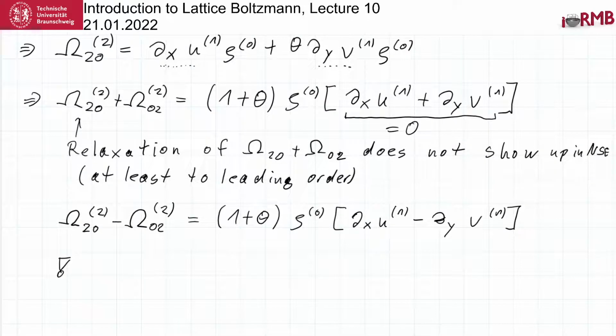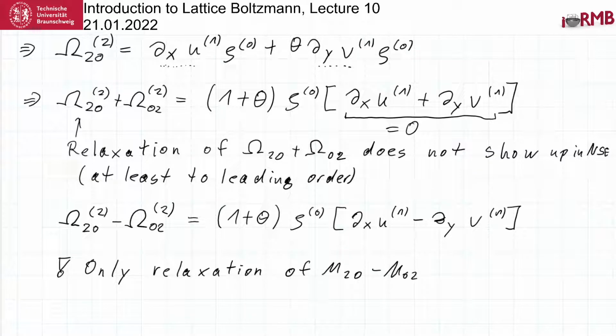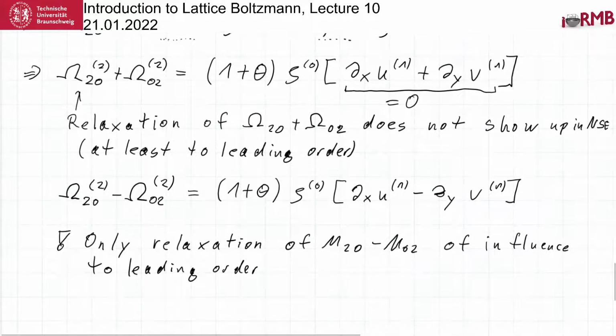So okay, this guy here does not vanish. What does this mean? This means that only the relaxation of m20 minus m02 is of influence to the leading order. And this requires us to make a regrouping of our moments.